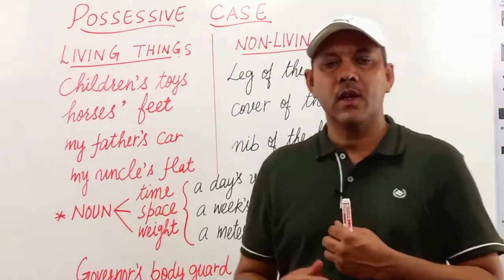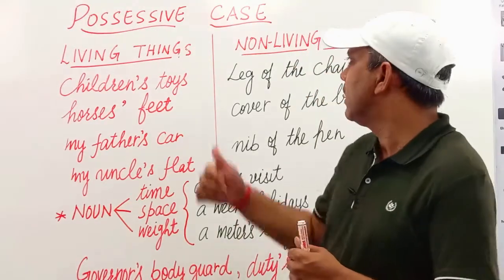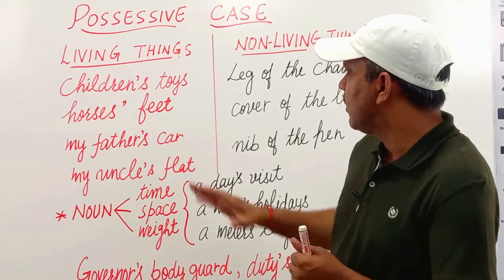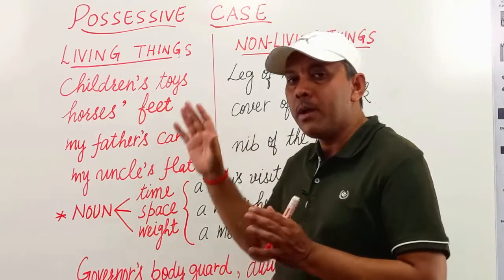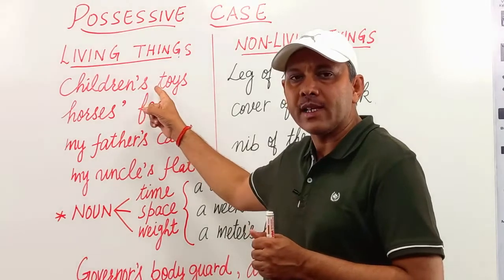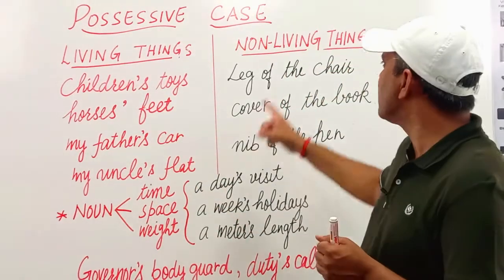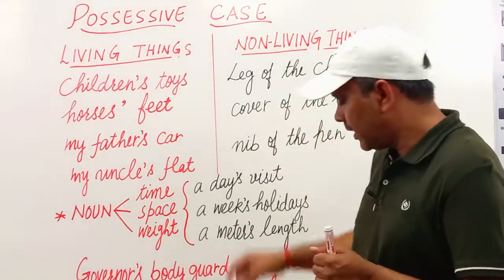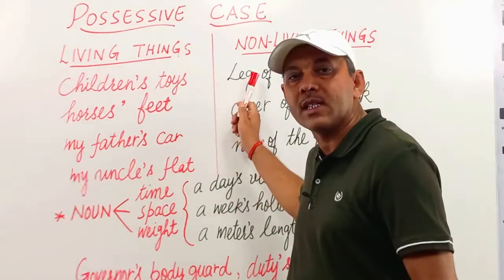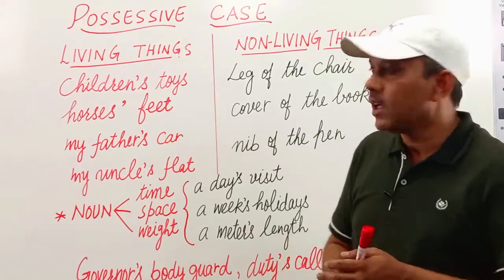Dear students, we have discussed possessive cases of nouns, and now we are going to learn one more thing. Where do we use apostrophe s and where do we use of? This is a basic difference between the uses of possessive forms of nouns.